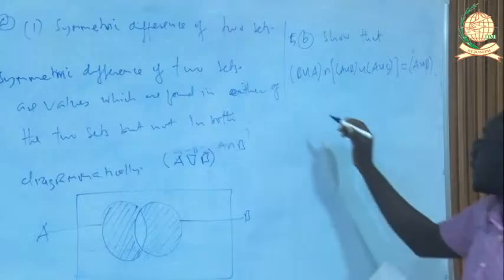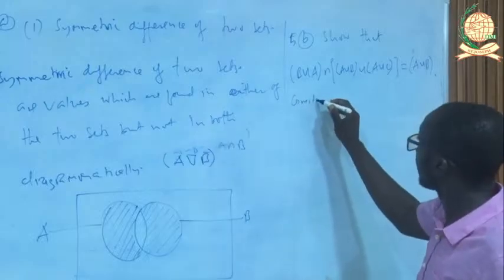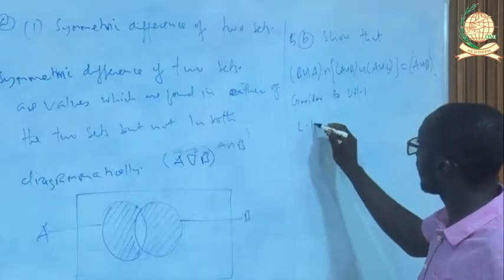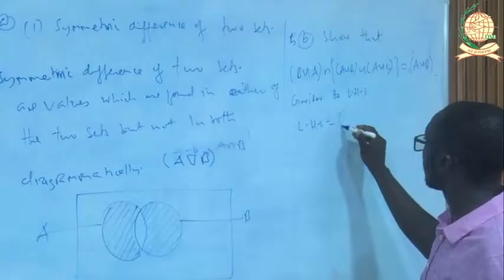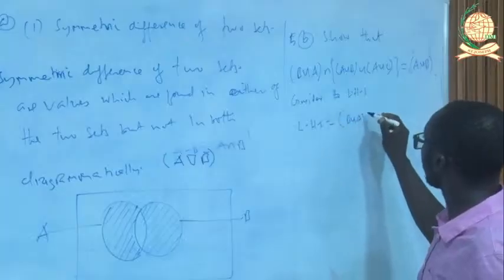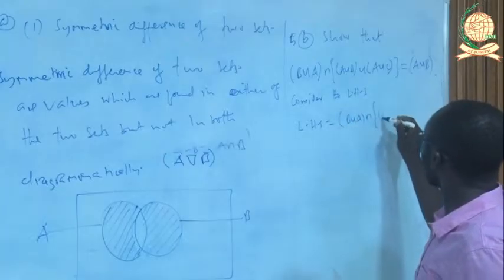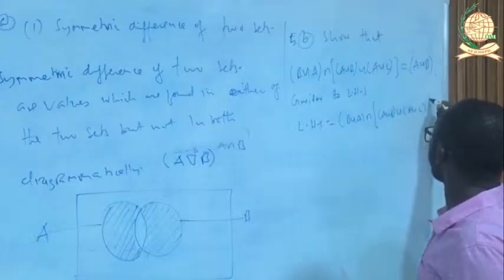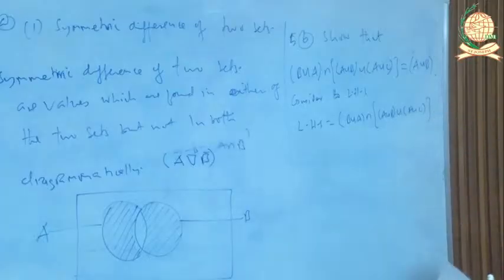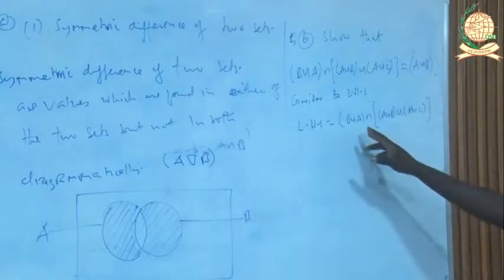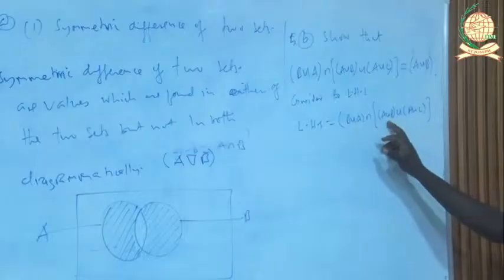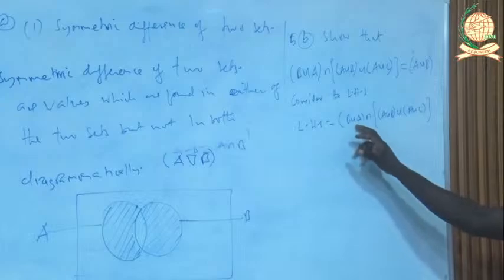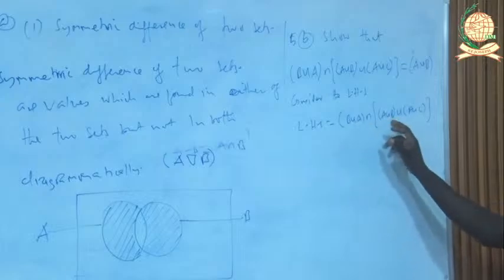So you have to consider the left hand side of the equation, LHS, which says B union A, then intersection A union B union A union C. You can see the arrangement here. You have union A and B, and here you have another union of A and B. You need to rearrange so that they look the same.